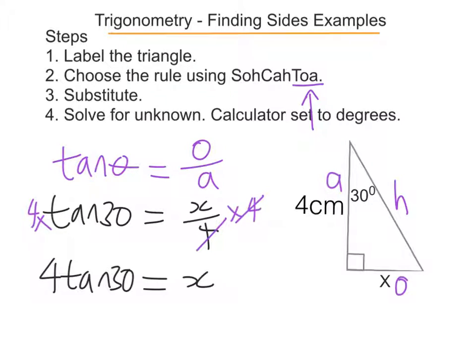On my calculator, if I do tan 30, I get 0.577, and there's a whole string of numbers that goes on forever. So when I multiply that by 4, I get that x is equal to 2.309, etc. So for these examples, I'm going to limit it to one decimal place. So I'm going to write that x is equal to 2.3 centimetres.